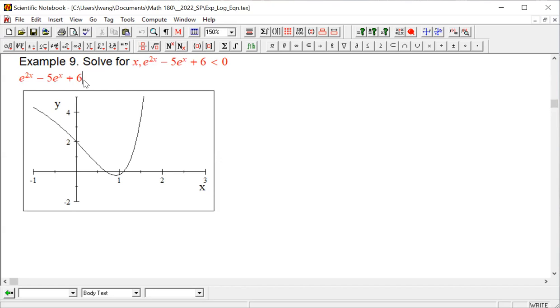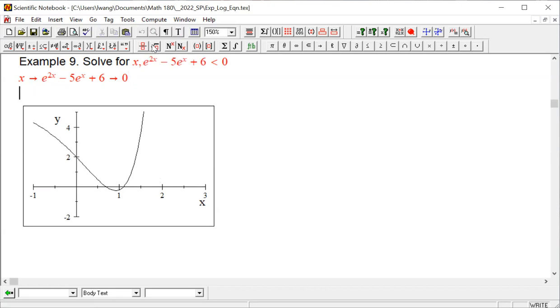Okay, so we're going to set it equal to 0. The purpose of setting this equal to 0 is that we try to identify the input x such that the function will produce a 0. We treat this as a function and we want the function to be negative. We saw this piece, right?